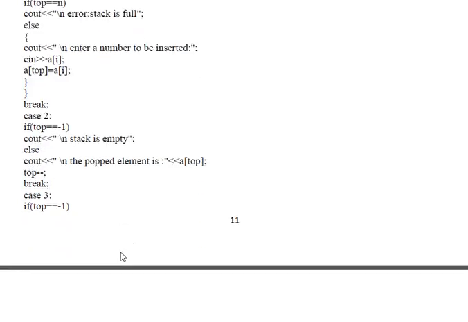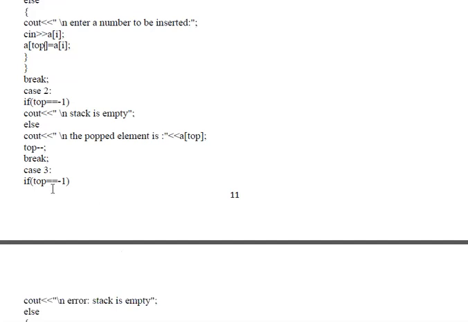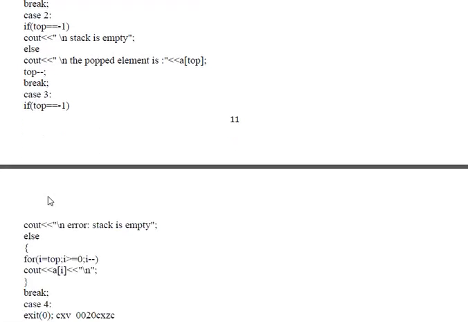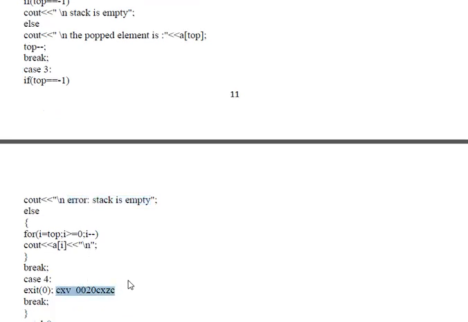In case 3, if top equal to -1, then stack is empty is displayed. Otherwise, one by one the values of the stack can be displayed.